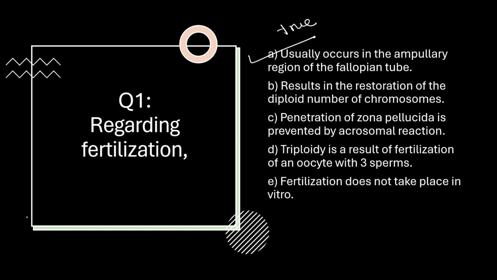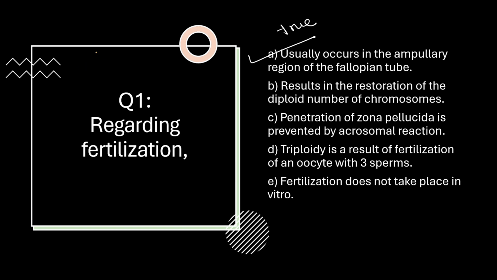The next statement: it results in the restoration of the diploid number of chromosomes. Now that is easy and straightforward as well, because what happens in fertilization is the unification of two haploid nuclei, one from the sperm and one from the ova. One thing to remember is that at ovulation the ova has not completed its meiosis and is usually present in prophase.